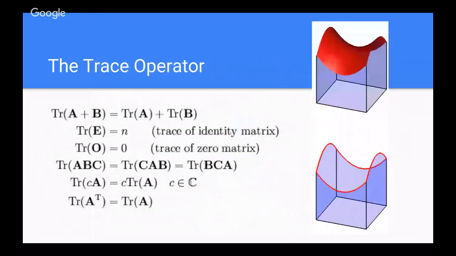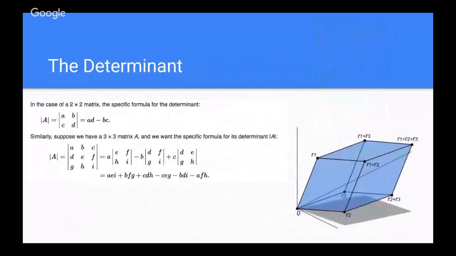And they also cover the trace operator in this case, and the determinant, as they talked about earlier. And of course, here we have an example of the specific formula for the determinant. And they show here that if we have a 3×3 matrix A and we want the specific formula for its determinant of A, then this is the value that you'll get.